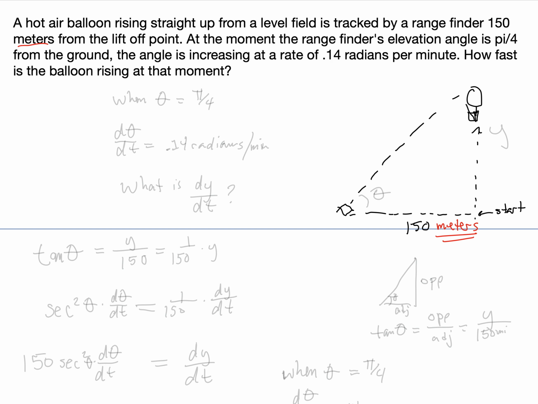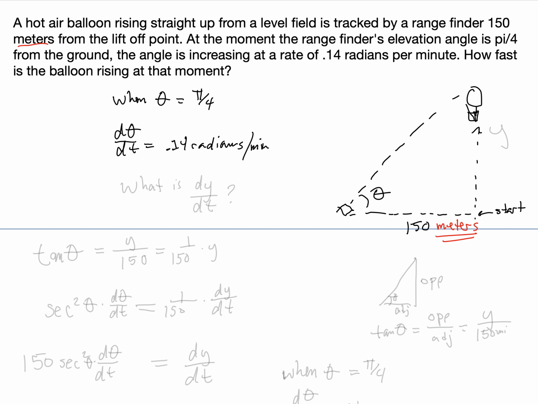And the thing that it is measuring is this angle, we'll call it theta. So we get this piece of information that when theta is equal to pi over 4, d theta dt is increasing at a rate of 0.14 radians per minute.